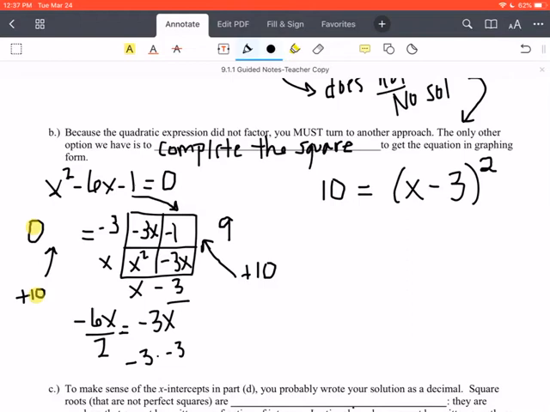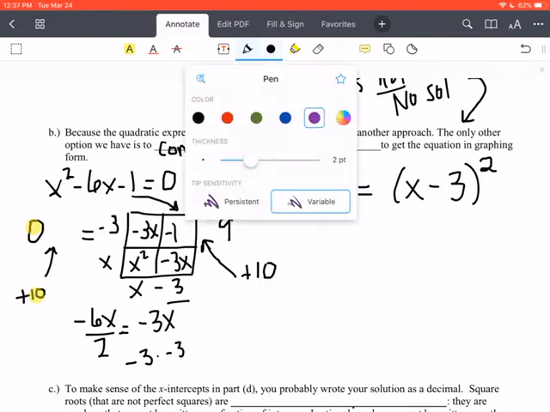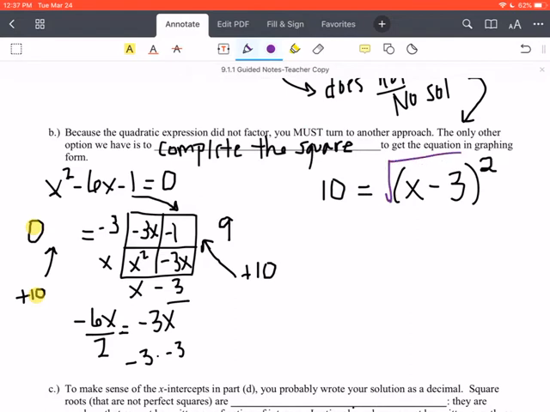Okay, so we are going to treat this just like we did when we solved for x-intercepts when it was in graphing form. Remember when we first moved the constant over after we replaced y with 0? Now, if we're working outside in still, we see that we have to undo the square by taking the square root. So we have plus or minus the square root of 10 equals x plus 3. Now at this point, we have two equations.